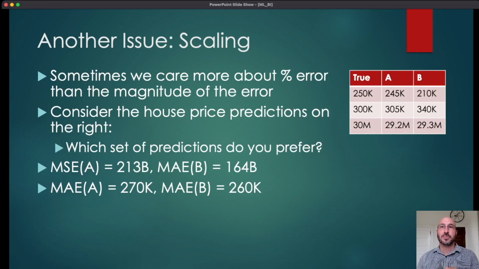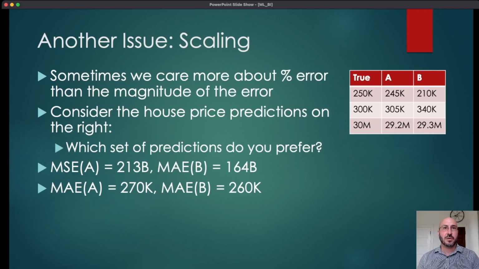If we make a 1% error on a $30 million house, we on some level might say that should be about equivalent to a 1% error on a $300,000 house. If we don't, then we're saying the problem really reduces to who does the best on that very, very big house, because the error on that really expensive house is going to dwarf the contributions of all the small houses combined.